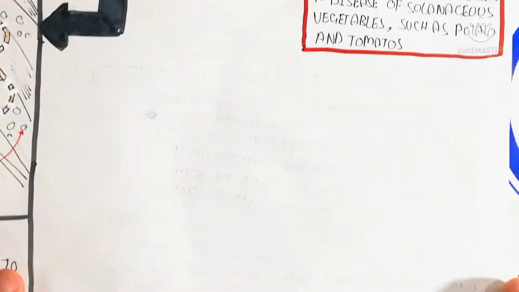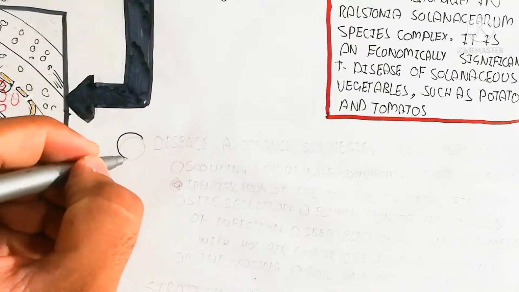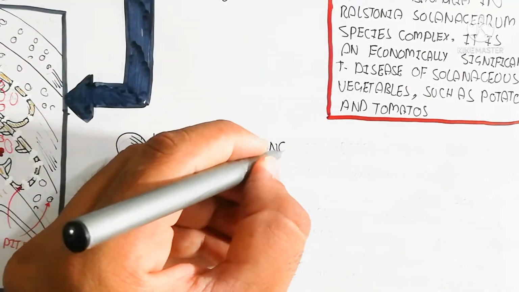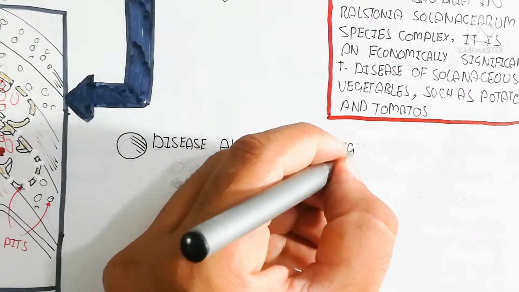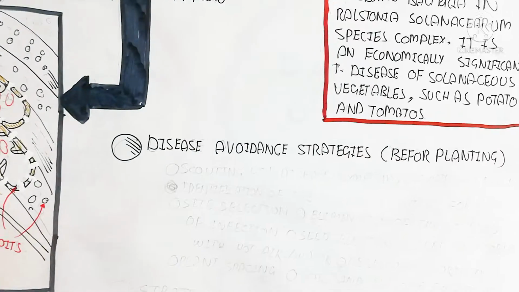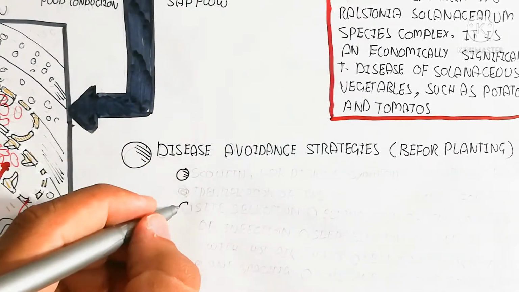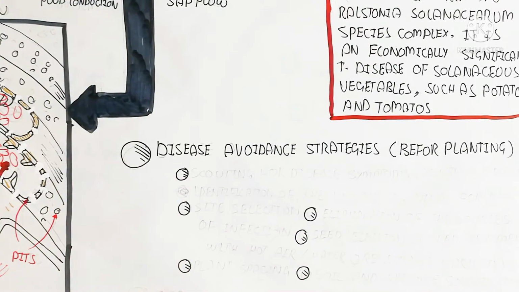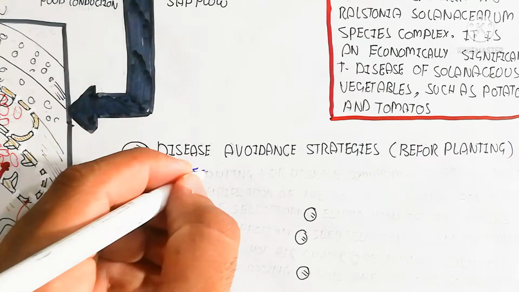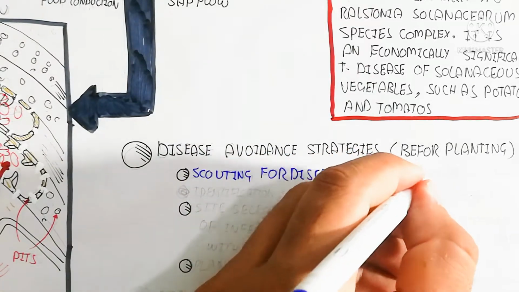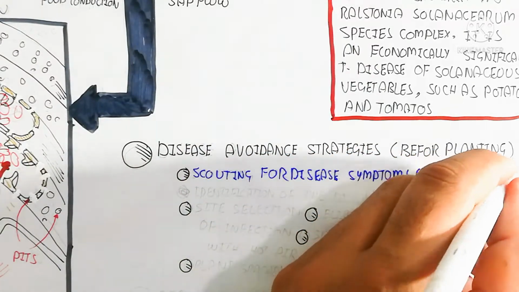So let's begin to understand the disease avoidance strategy before planting. Scouting for disease symptoms: accurate and early identification of the disease is vital for management.